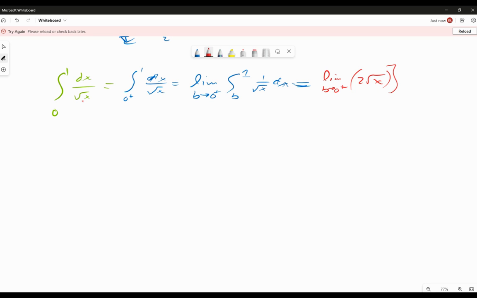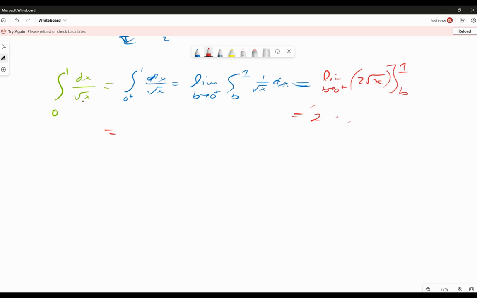And I'm going to do that from b to 1. Okay? So now I can take this 2 and move it out front. I'm just going to finish it over here, guys. That one's already out front.